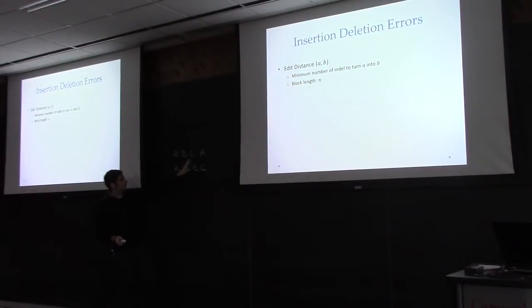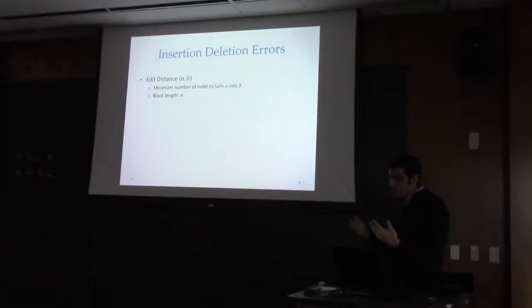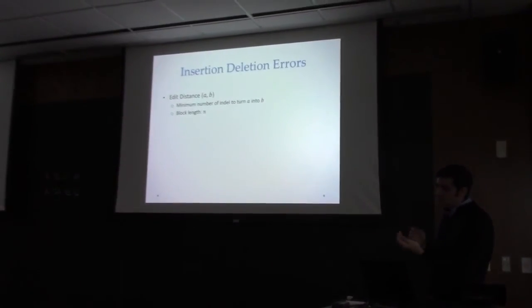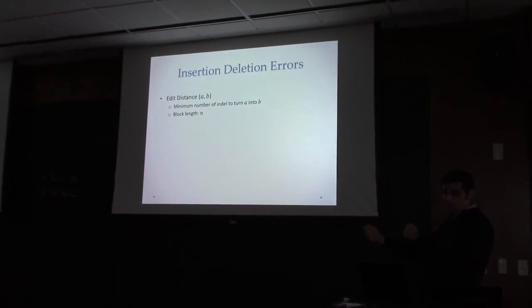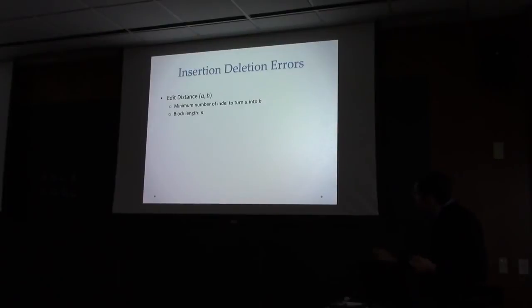Yeah, you should remove A and then insert B. It's clear that edit distance is a distance, because the edit distance of any string to itself is 0. The distance of A and B is equal to the distance of B and A, because you can insert anything that you've removed and remove anything that you've inserted. And transitivity is also clear. So let's move on.